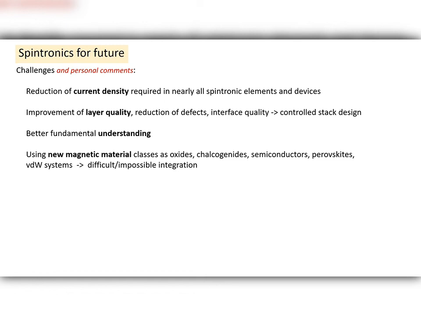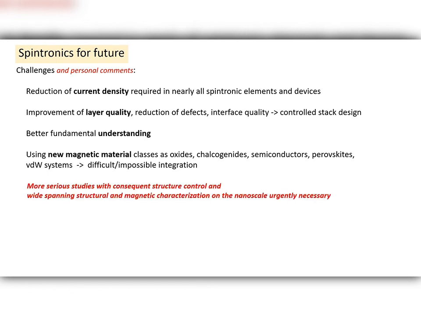Maybe there are new classes coming up as oxides, chalcogenides, also magnetic semiconductors, perovskites, and so on, but they are normally difficult and nearly impossible to integrate into devices based on CMOS and so on. This will take a long time and is possibly impossible.